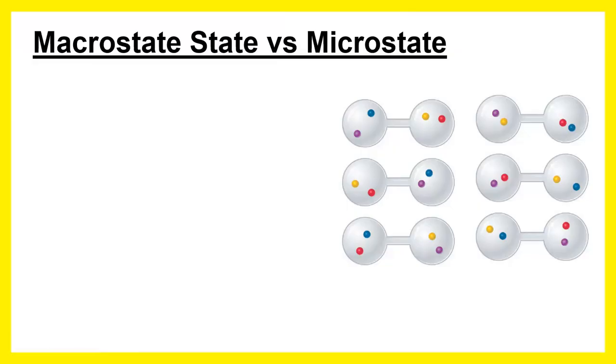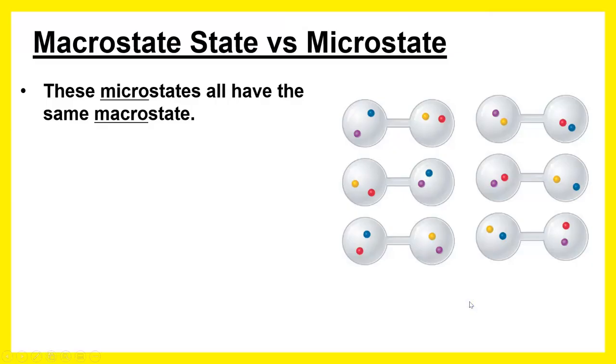So I love this picture because I think it tries to show you the difference between a macro state and a micro state. All 6 of these little strange containers over here have the same macro state. No matter what, there are 2 of these colorful dots on each side.